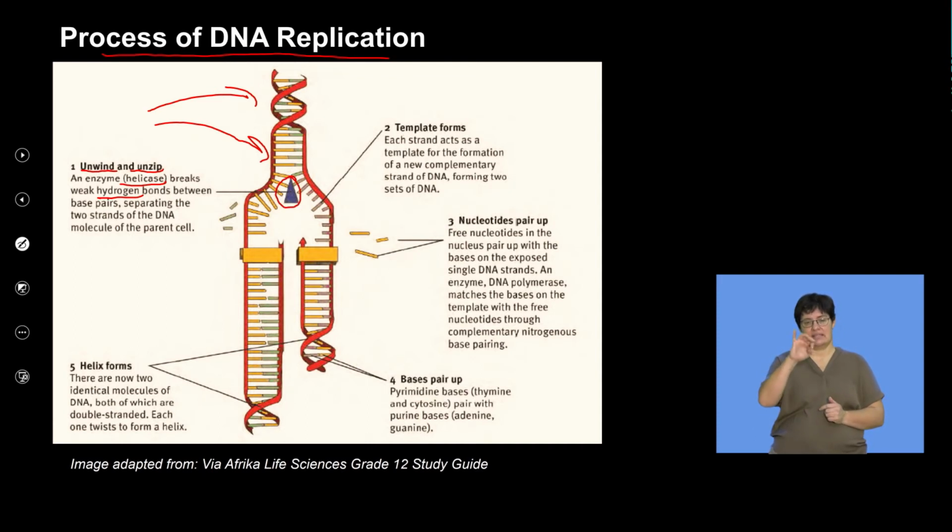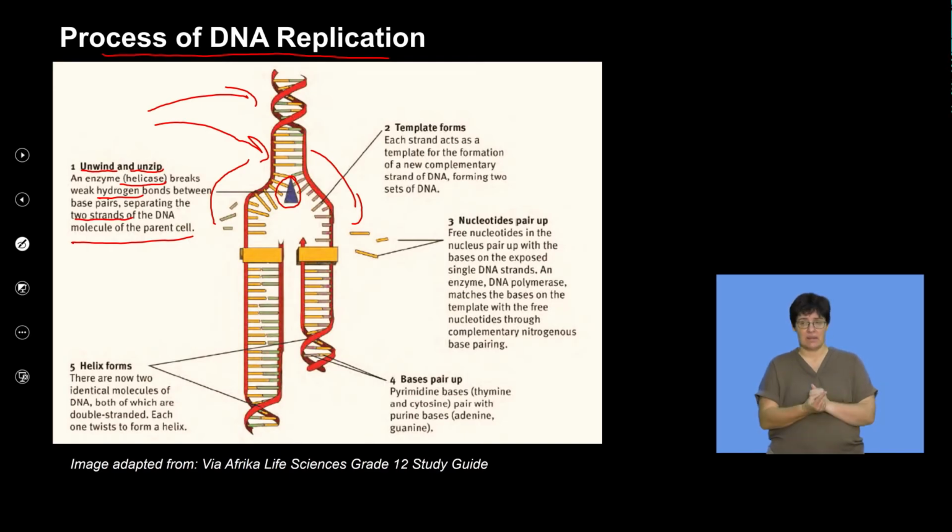It breaks the hydrogen bonds holding the complementary base pairs together, and this causes the separation of the two strands of the DNA into templates on either side. So the enzyme breaks open the strands, causing a separation.